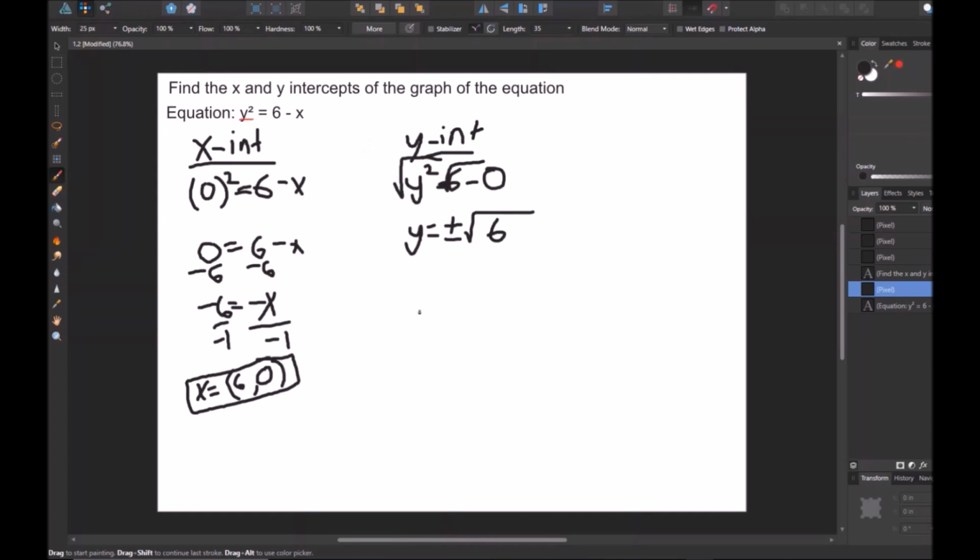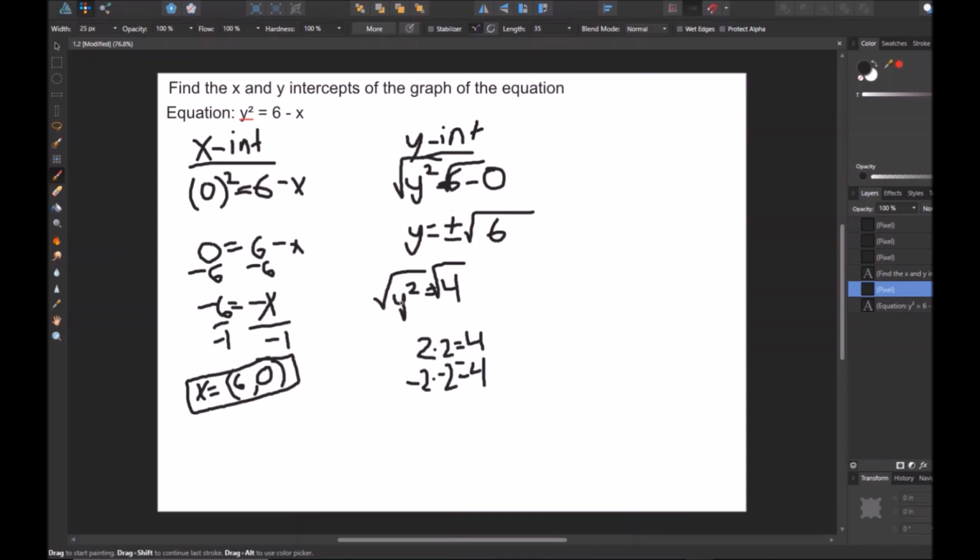Let's say for an easier example, like if we had y squared equals 4, when we take the root of that, we're asking what two numbers, when multiplied by themselves, give us 4. And that can either be 2 times 2, or it can be 2 negative 2's, because a negative times a negative is still a positive.